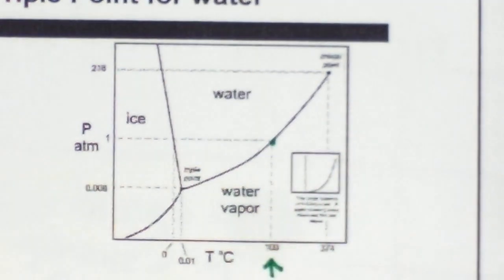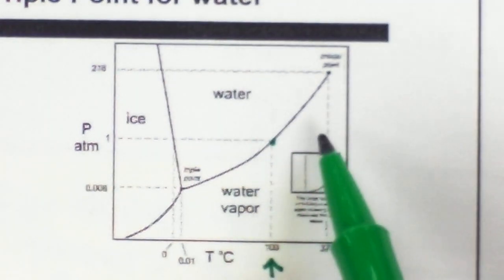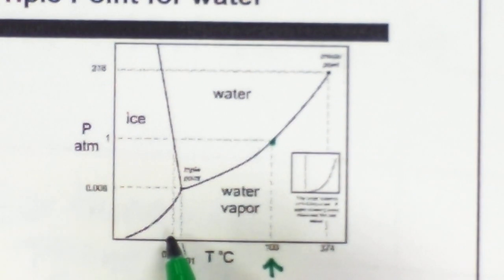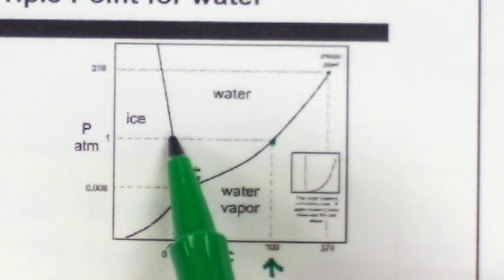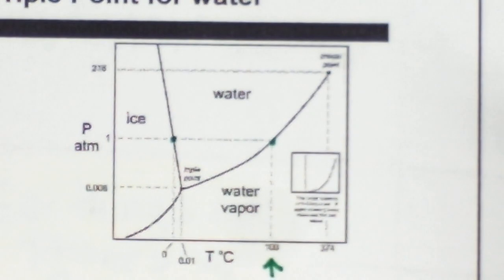Does everybody see that? So now, if I go down to 0 degrees Celsius, 1 atm, I'm right here between solid and liquid. And so that is freezing or melting. So that makes sense at 0 degrees Celsius, 1 atm.